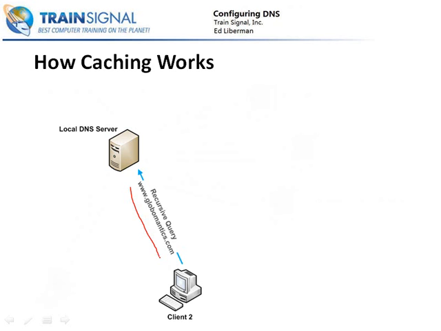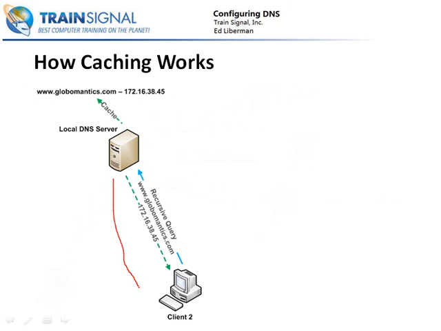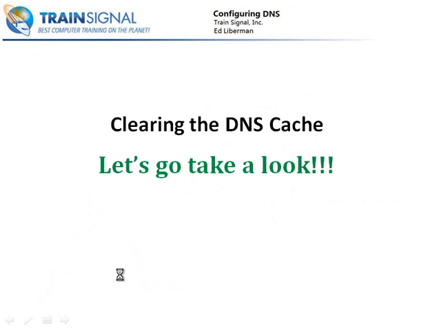This time, instead of the local DNS server going out to the internet, it can just go into its cache and say, oh, hey, wait a minute. I know that name is this IP address, so I do not have to go out to the internet. I can simply reply right back to the client with this IP address, and boom, you're done. That saves a lot of time and a lot of network bandwidth. Let me show you how this cache looks in Server 2008.